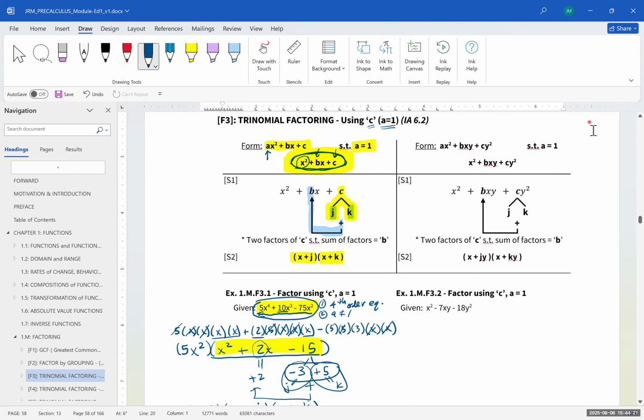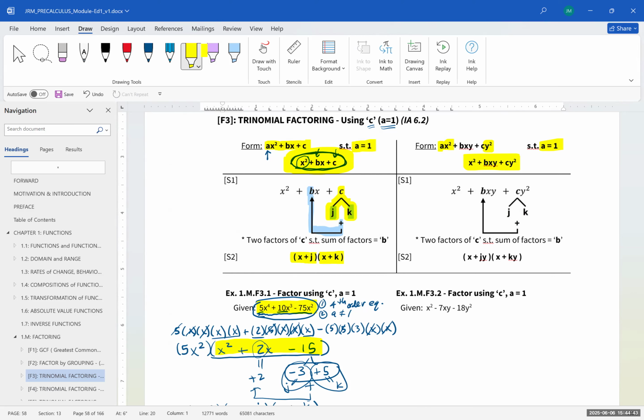But again, what we need is for this to be second order for both, and the leading coefficient still has to be equal to 1. So this is for a trinomial that is in this form specifically.